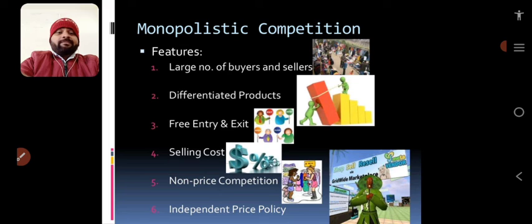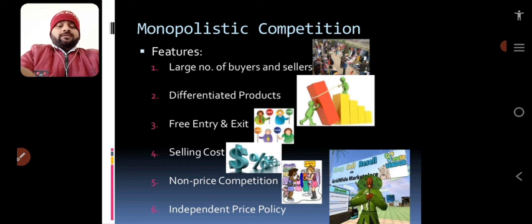Features of monopolistic competition: large number of buyers and sellers. Differentiated product. The products of different firms are close substitutes of each other.